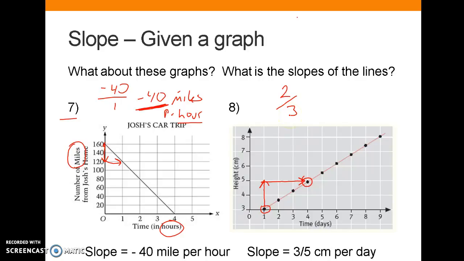And if I label it, it's y per x, so it's centimeters per day. I don't know exactly what this is talking about, but maybe it is a plant that is growing 2/3 of a centimeter every day. So every day that goes by, it grows up 2/3 of a centimeter.